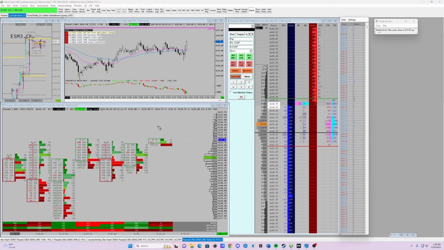Right off the bat, on this 1 minute print right here, we've got a positive delta of 560. This is also a point of control on the day, and because price is trading above here, the idea is for us to think that our buyer is going to be able to accept value above this area.